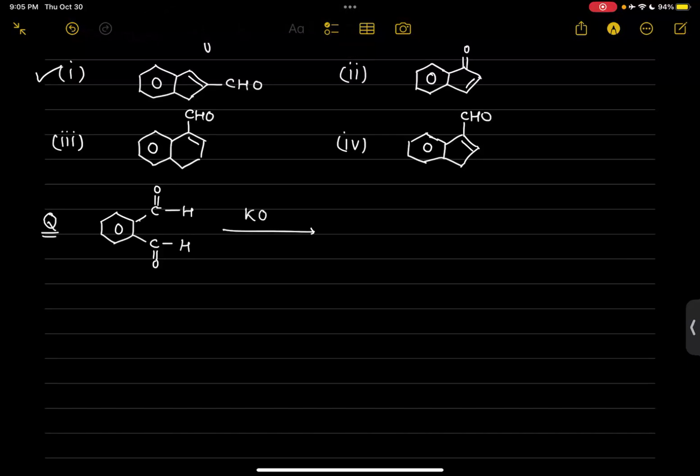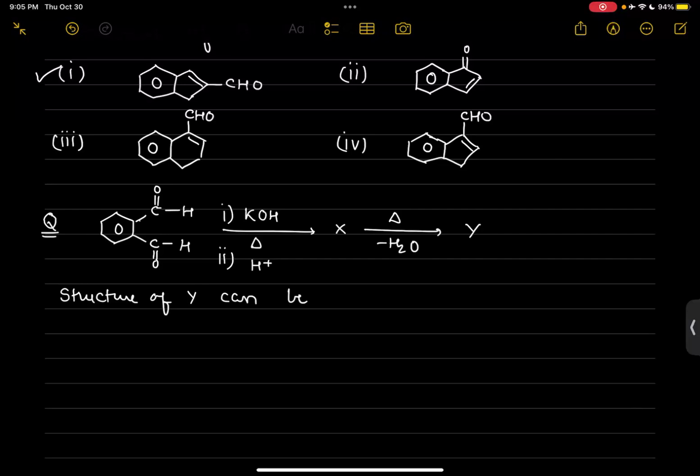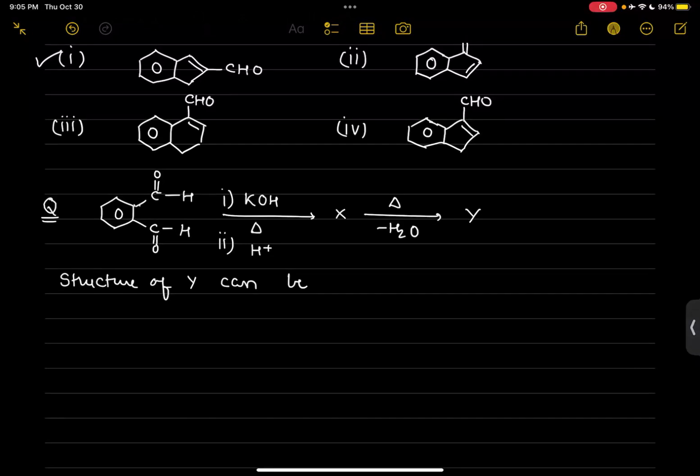Yes or no? The hint is that both do not have any alpha hydrogen, because if you check the benzene, the bonds are already completed and no alpha hydrogen is present.